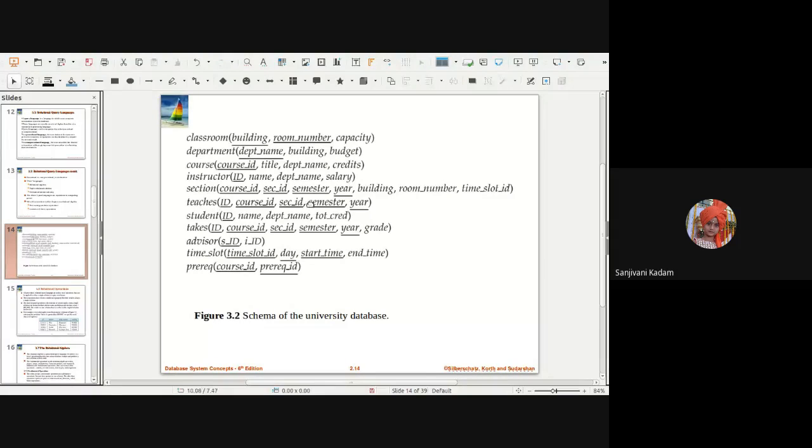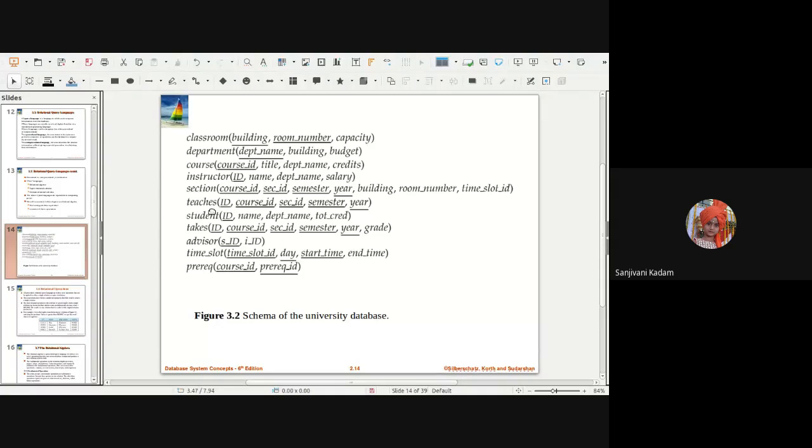Here we can see that course ID, section ID, semester, and year form the primary key of the section, and this is being referred to in teaches. Again, this is underlined here. It means this primary key is a foreign key in teaches, and also this is not a complete primary key. Here ID is also part of the primary key because ID is also underlined.